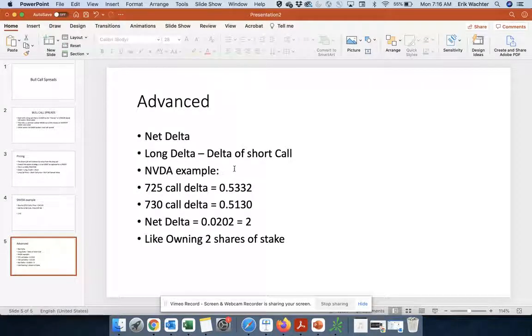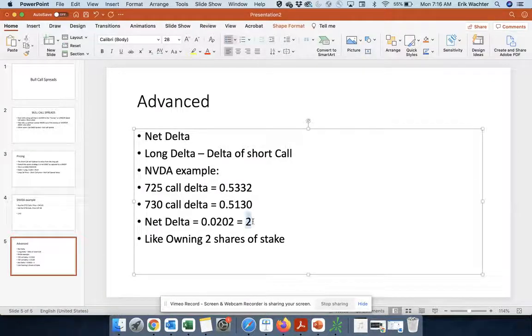If we look at the first example, our net delta was about a value of 2, and one delta is like owning one share of stock. So in this case, it's like we're owning 2 shares of stock. The delta of the long call was 53, and the delta of the short call was 51.